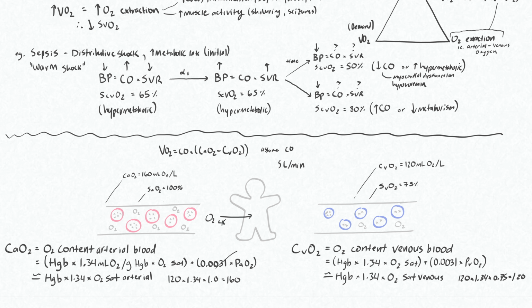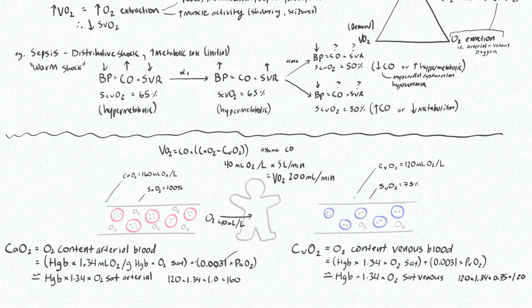So this guy's using 40 mils of oxygen per liter of blood that circulates through his body. 40 mils of O2 per liter times 5 liters per minute gives us a VO2 of 200 milliliters per minute.